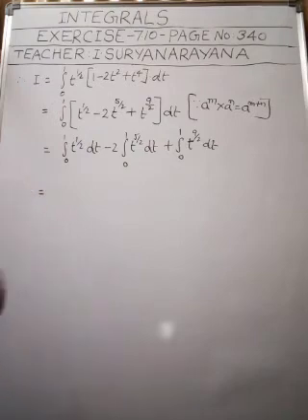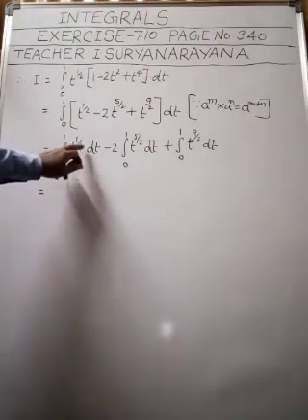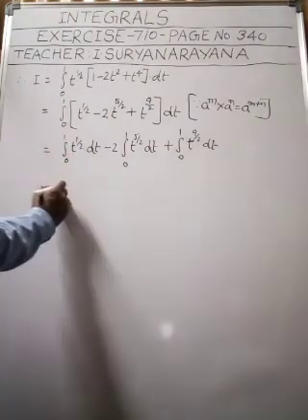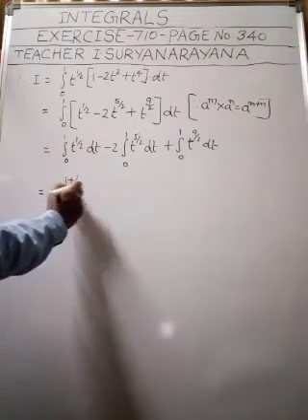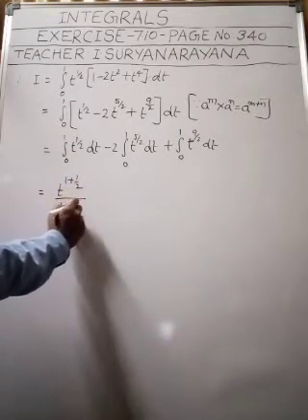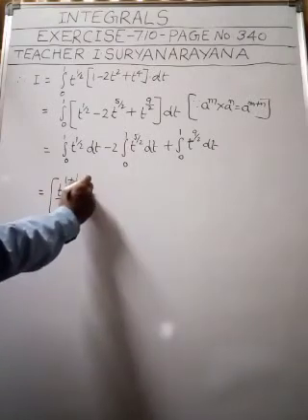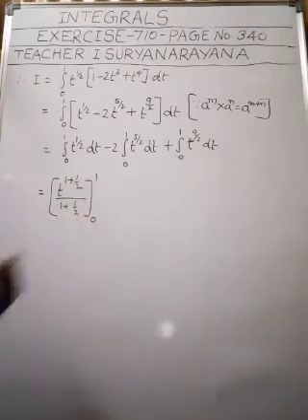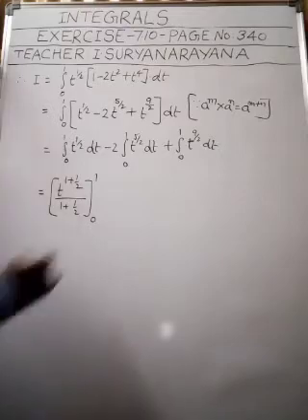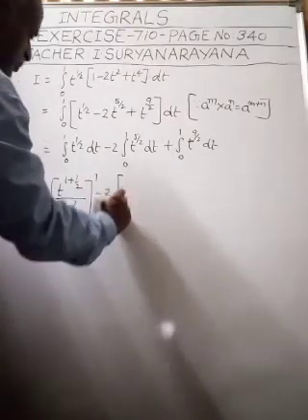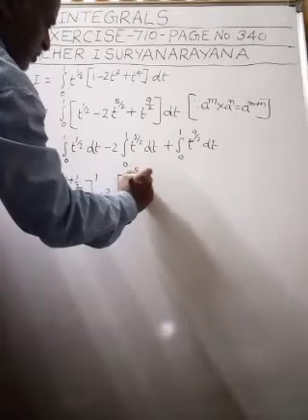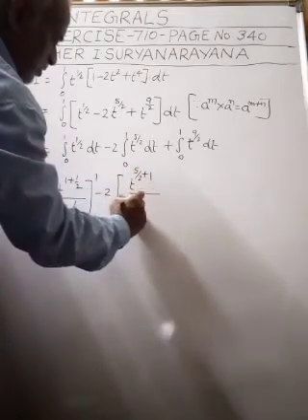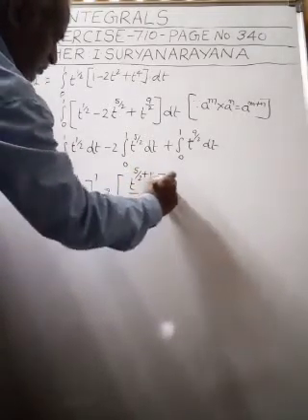Now, if you observe, this is integral x power n dx. So, what do you get? t power 1 plus 1 by 2 by 1 plus 1 by 2, lower limit 0 and upper limit 1. Minus 2 into, it is also in the form of x power n, so t power 5 by 2 plus 1 by 5 by 2 plus 1.